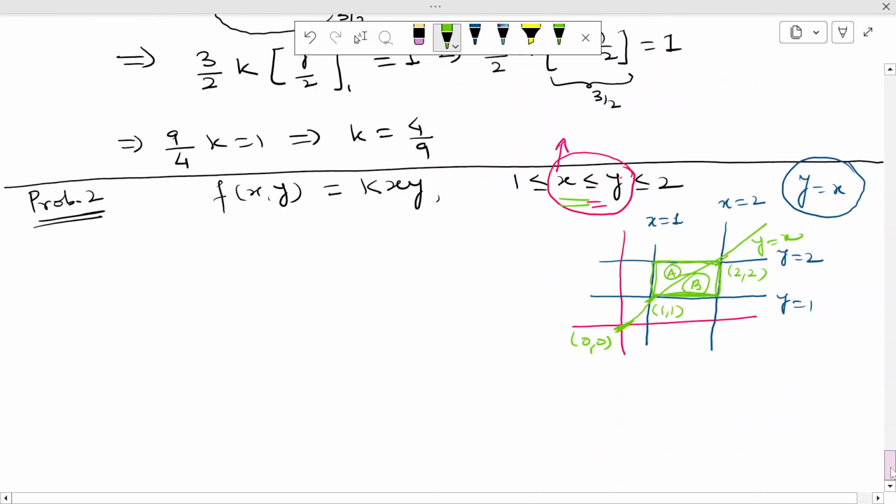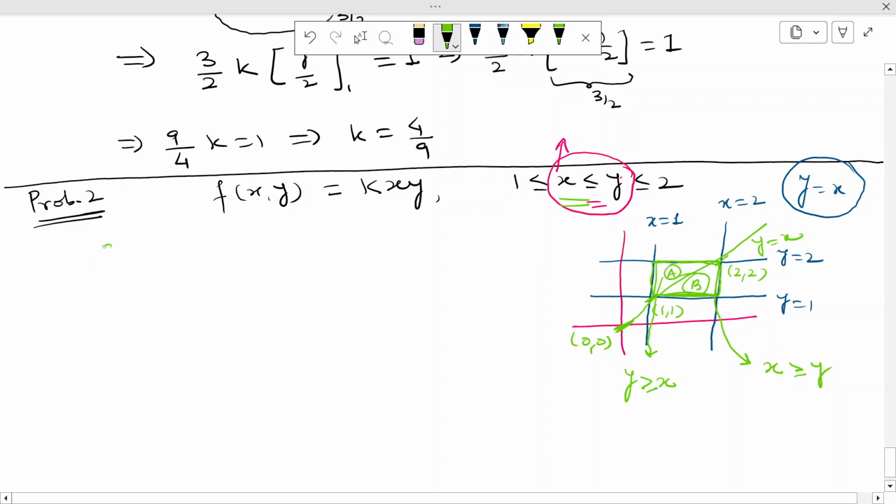In part A we have y greater than or equal to x, while in part B we have x greater than or equal to y. So here we have this upper triangular region.